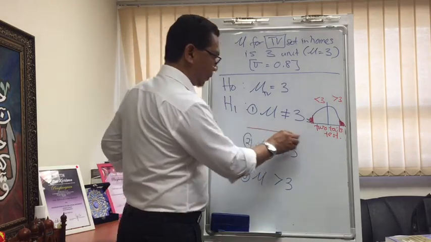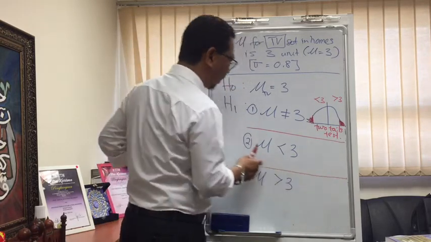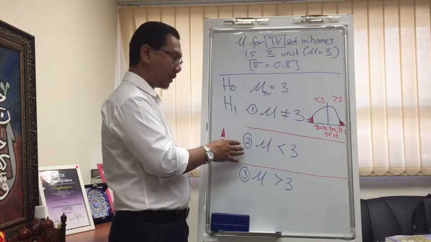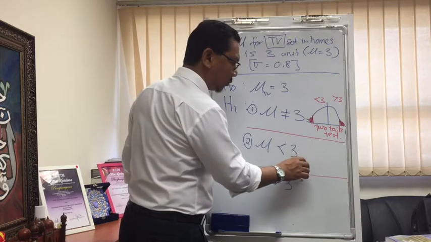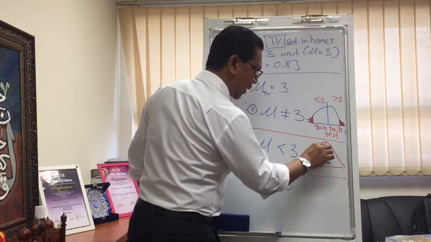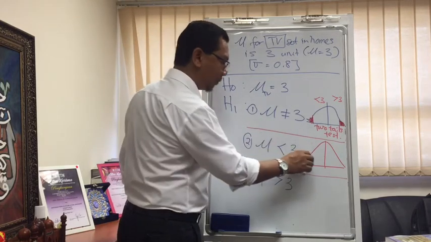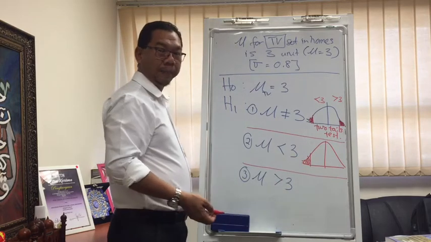Now, if for example you choose this alternative hypothesis, mean less than 3, this will be the diagram. Less than 3 meaning that on your left, this will be the area.